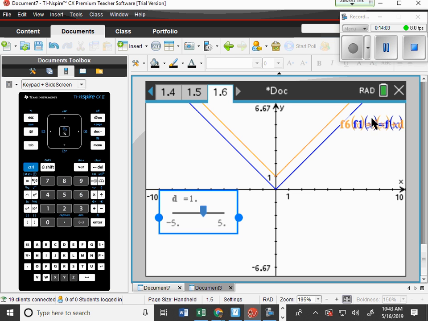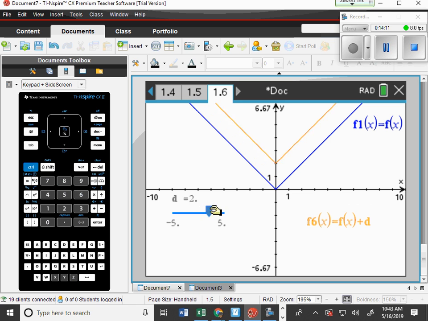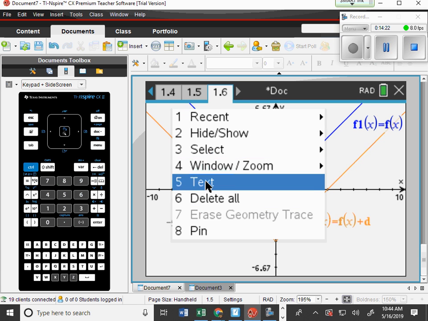Notice that it came out in orange. Notice what happened if I add something to the function, and it's positive, the graph is moving up. And if I subtract something from the function, the graph is moving downward. So that is our vertical translation.